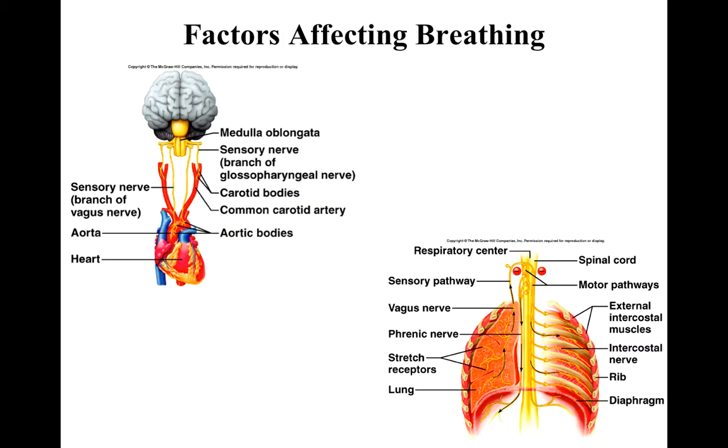Factors affecting breathing. Well, you've got decreased blood oxygen concentration, which doesn't have as big of an effect as you would think. But remember, in the carotid bodies and the aortic bodies, there are chemoreceptors, and those do register if there's decreased blood oxygen.